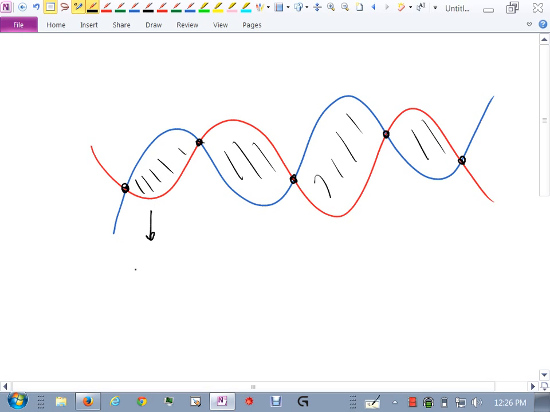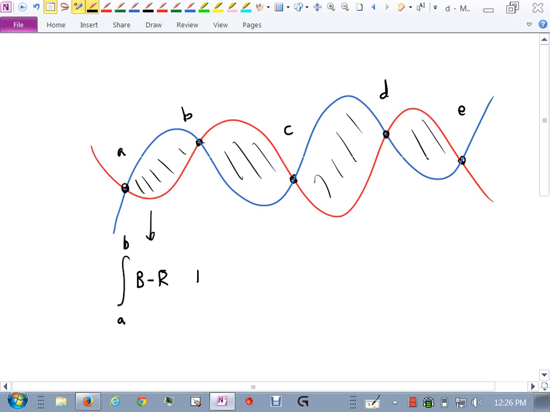In this one, let's call the points A, B, C, D, E, right? This first integral would go from A to B. It would be the blue minus the red, okay?